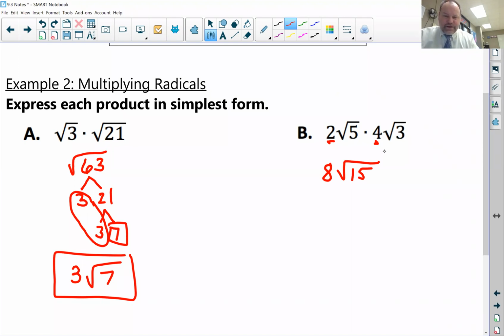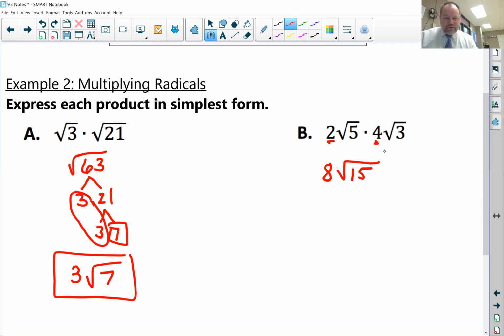If I use my perfect square method, 9 is the largest perfect square that's less than 15. But 15 divided by 9 gives me 1.6 repeating, so that doesn't come out even. 4 is the next perfect square, and 15 divided by 4 gives me 3.75, not even.